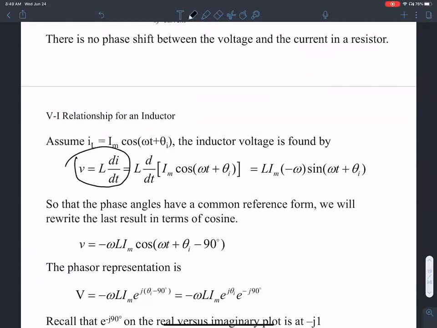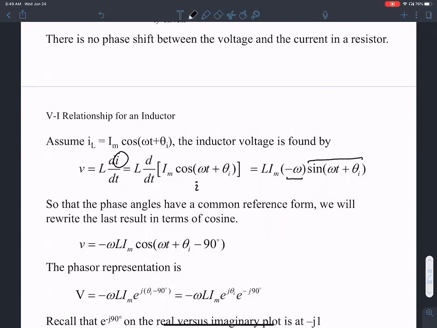So L d by dt of this I. Then what I get is the derivative of cosine wave is negative of the sine wave, and of course the chain rule gives me a product of negative omega.